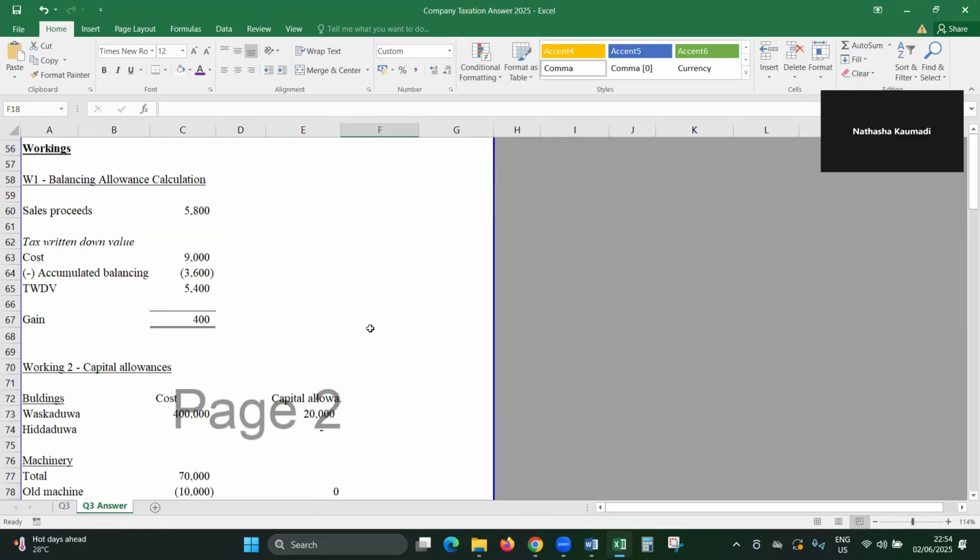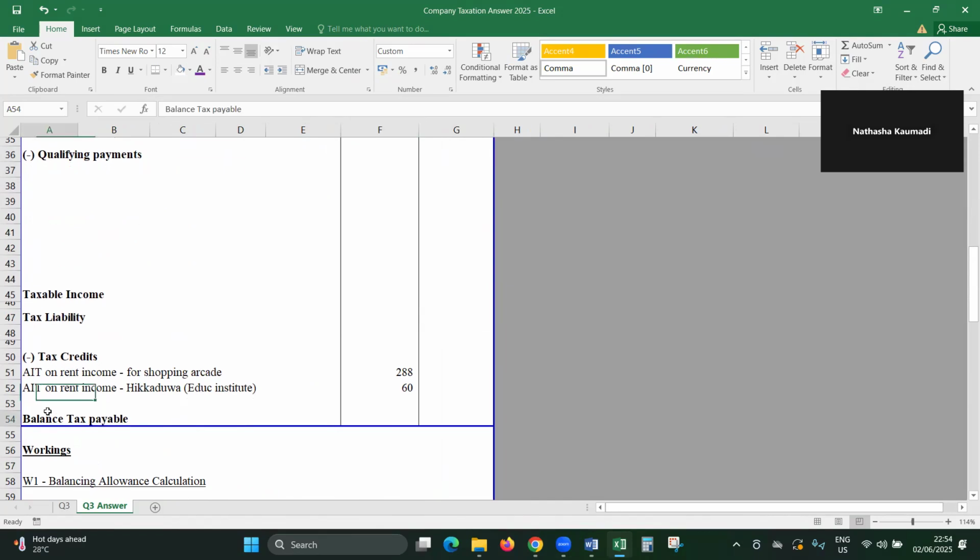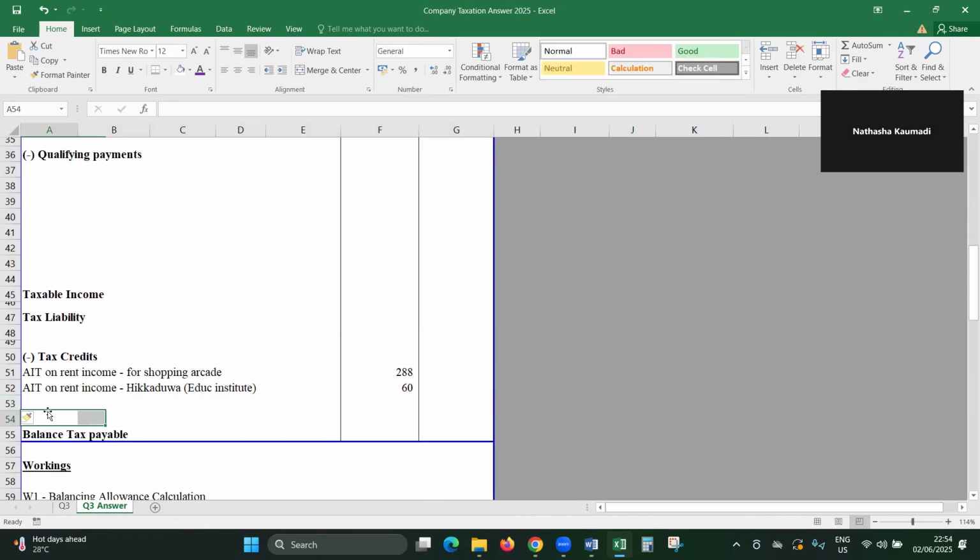So shall we write that as well before you forget? That's the importance of having the format at once, right? You are filling the blanks. Self-assessment payments, you write 5,500. Okay, that's also done.